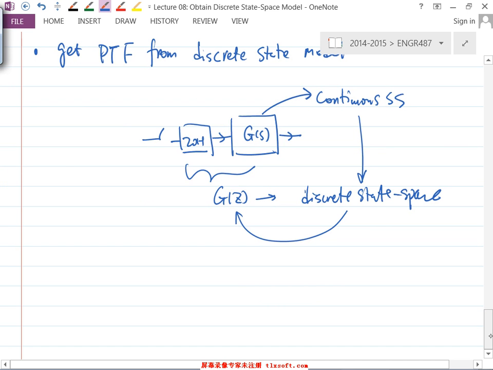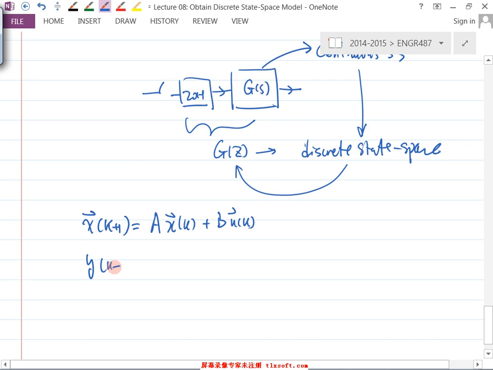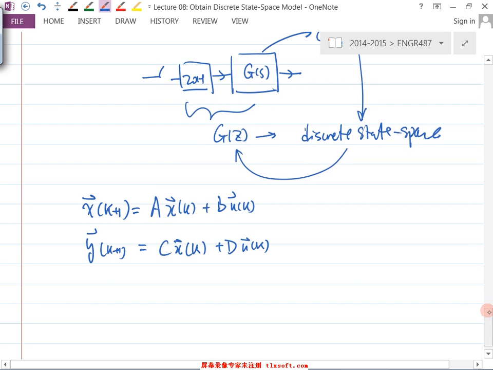So here is our state space model. Suppose we had it already. How do we get the pulse transfer function?